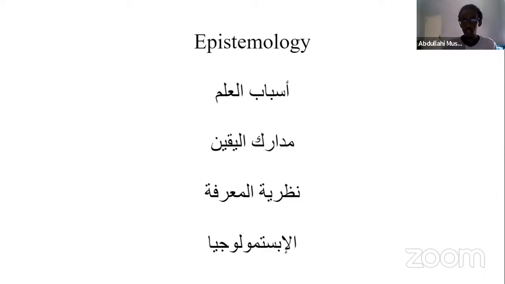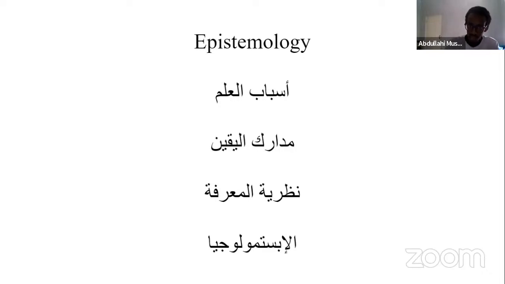Another phrase is Nadhariyatul Ma'rifah. And I believe this is a recent Arabic term for epistemology. Because in English, epistemology is also described as the theory of knowledge, while Nadhariyatul Ma'rifah is a translation of the word theory of knowledge into Arabic.